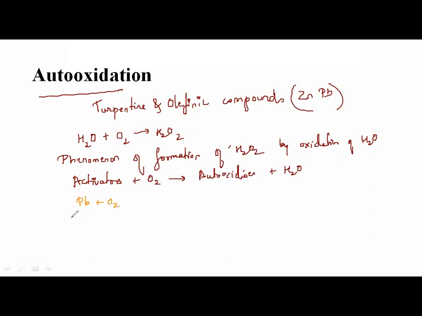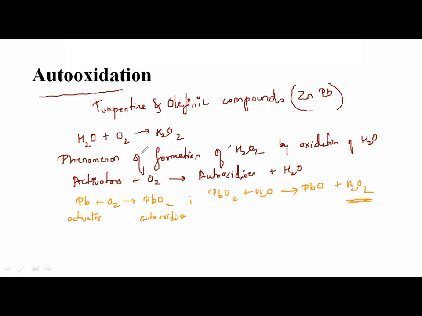Pb is the activator. It combines with O2 and forms PbO2, which is the auto-oxidizer. This auto-oxidizer will then react with water and form PbO, lead oxide, plus H2O2.